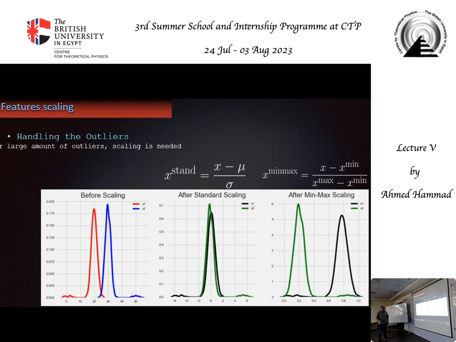The second is min-max, where you normalize the distribution such that the values range between 0 and 1. And here there is a question: when exactly can we use the first one, and in which cases can we use the second one?